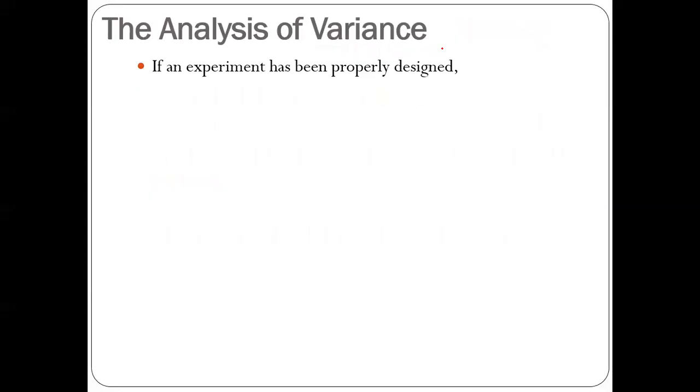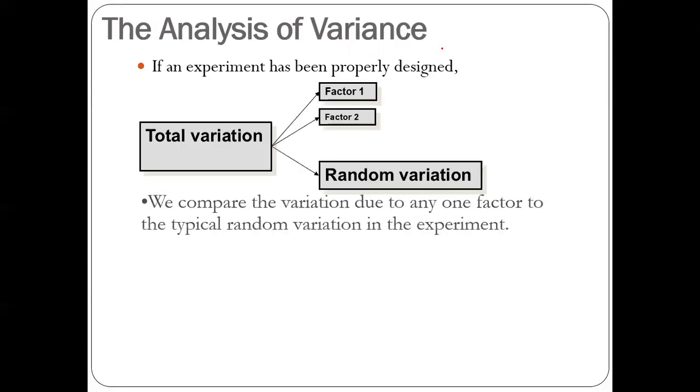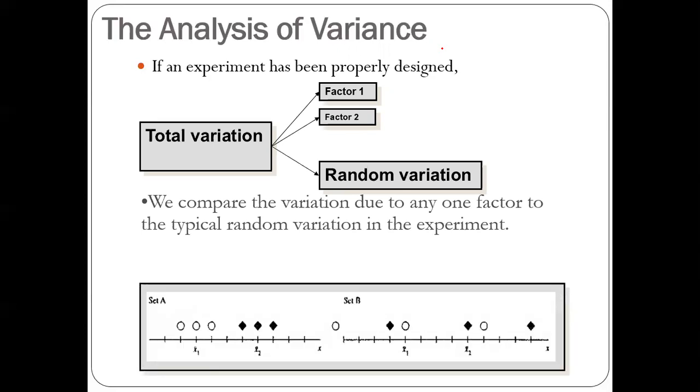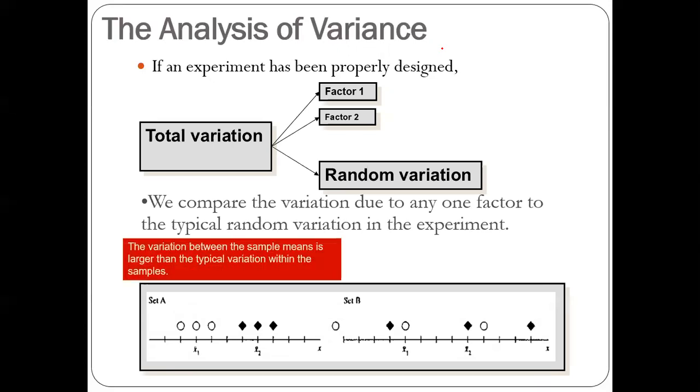The analysis of variance is for an experiment that has been properly designed, as we discussed, and we use the analysis of variance when we want to test the variation in the groups. It can have one factor, as we saw in our previous examples, two factors, or maybe more.